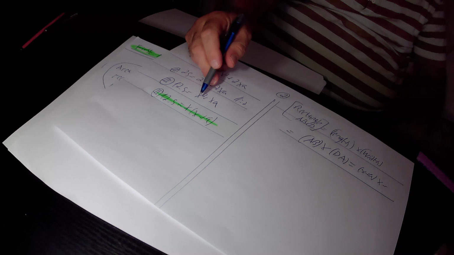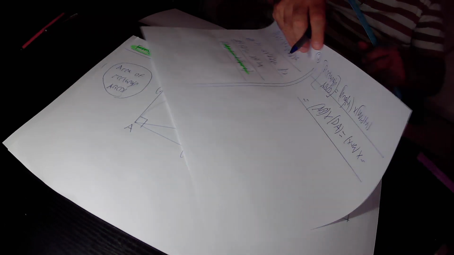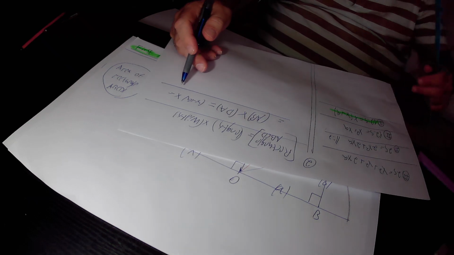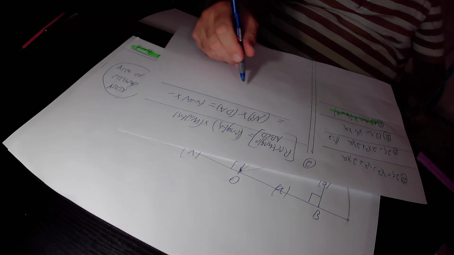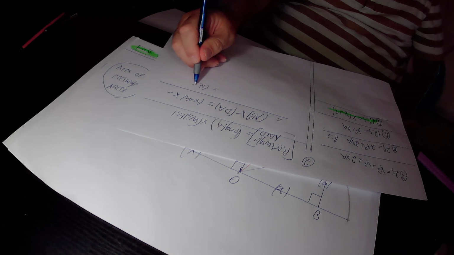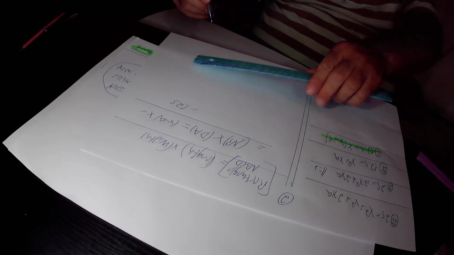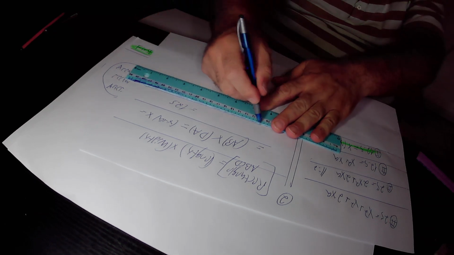But according to equation 2, x plus a times x is 12.5. Therefore, we can substitute x plus a times x by 12.5. So in total, we found out that the area of rectangle ABCD is equal to 12.5 square units.